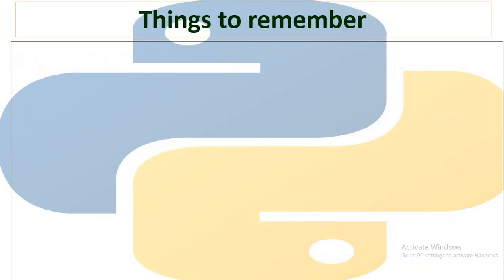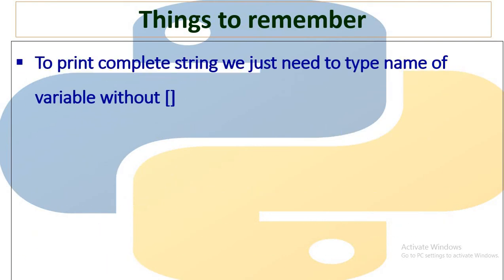Now the things that we need to remember in this basic chapter: to print a complete string we just need to type the name of that string variable without the subscript operator. This subscript operator is used when you are expected to print a single character from the string or a substring.